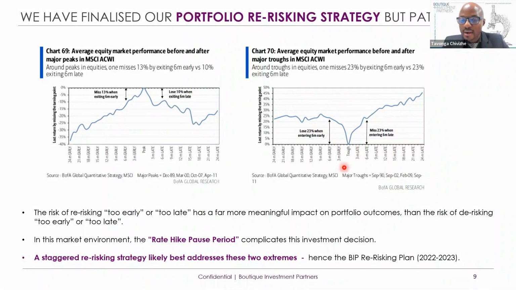And when you study our re-risking plan, you're going to see we've put in a lot of things to look at, which is hopefully going to allow us to do that and not introduce way too much downside to your portfolios. Key point being, patience is going to be very, very important.